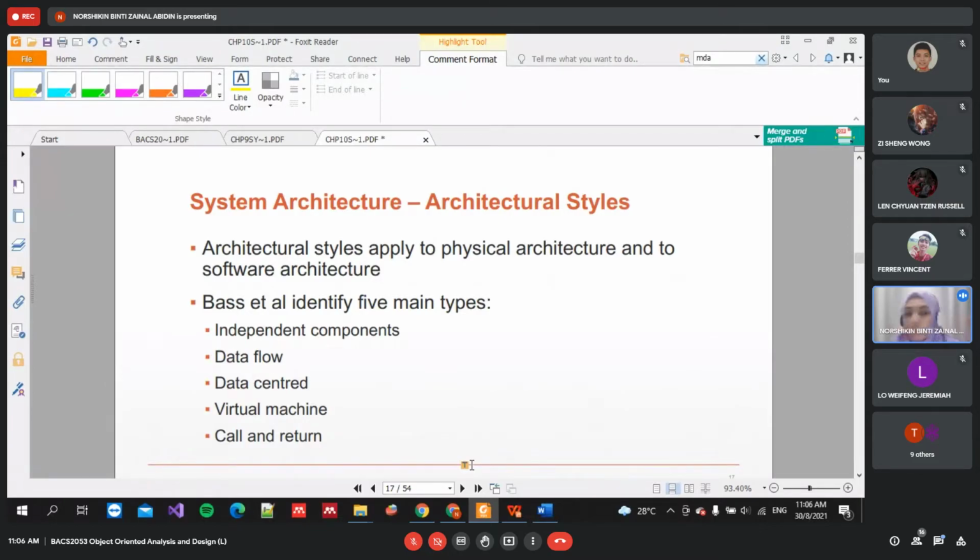Oh, sorry. So let's move to the architectural style under system architecture. This architectural style is applied to physical architecture and software architecture. Can anyone give me an example of physical architecture?